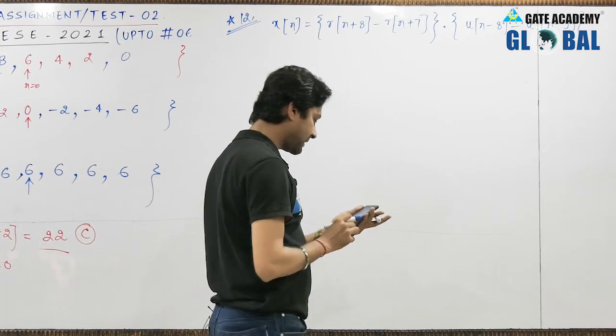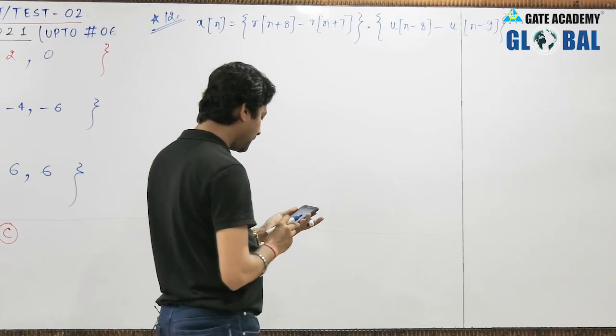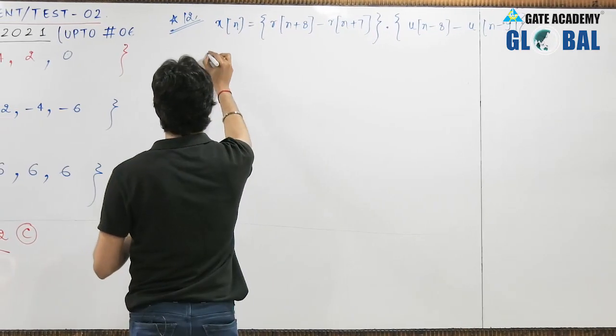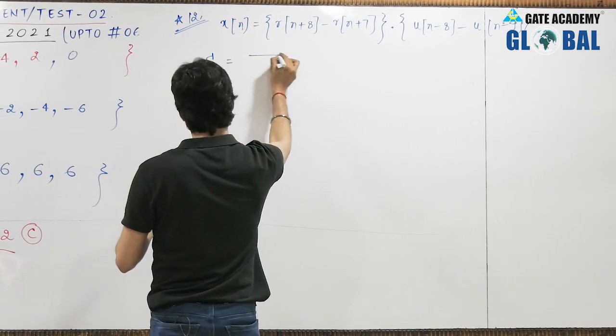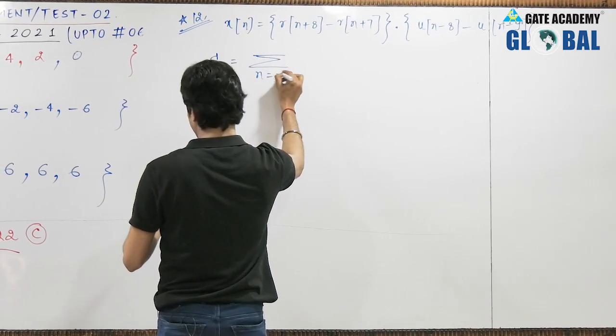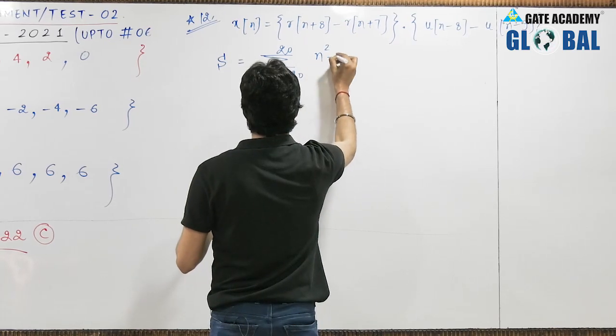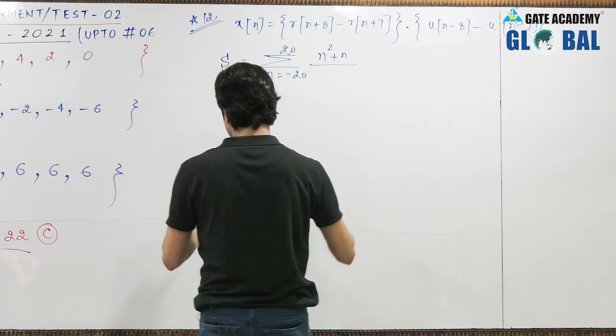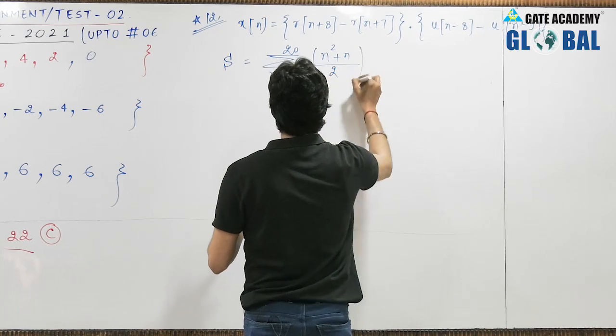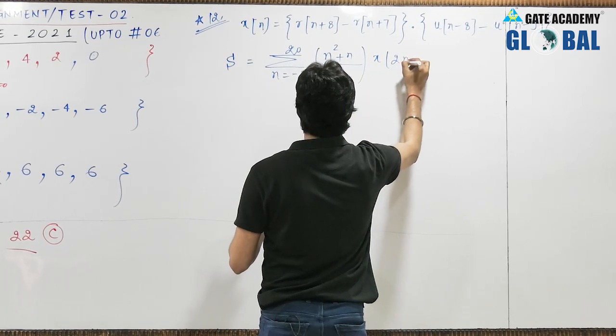This is our signal x of n. Then we have to find the value of summation s, which is given as the summation from n equals minus 20 to plus 20 of n square plus n divided by 2 into x of 2n.